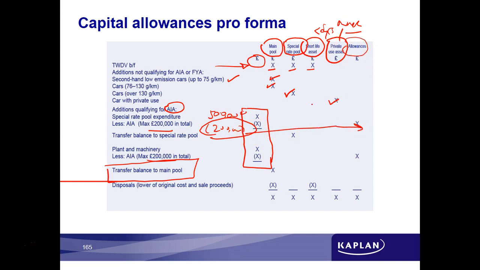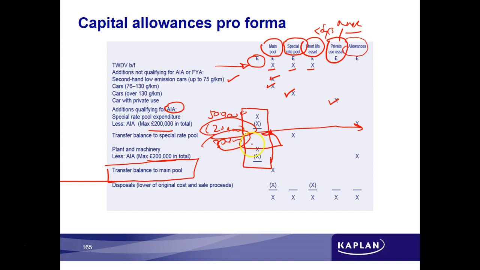You can see allowances, but you have 300,000 left that you can't use because you only had a max of 200,000. So this 300,000 will just be transferred to the main pool, and that 300,000 will then enjoy, when added up with the other things in the main pool, the 18% allowance that you have. So that's how it works.